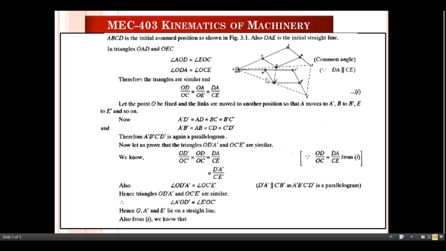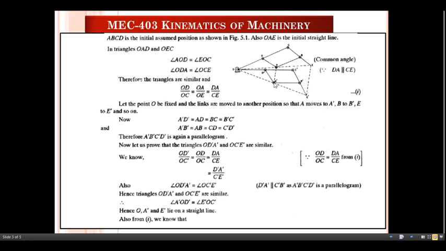For this, we can write D dash A dash equals C dash E dash. Also, angle OD dash A dash equals angle OC dash E dash.